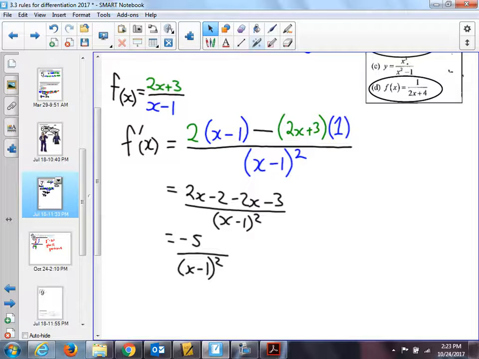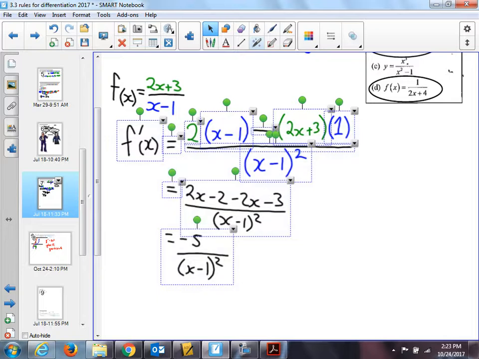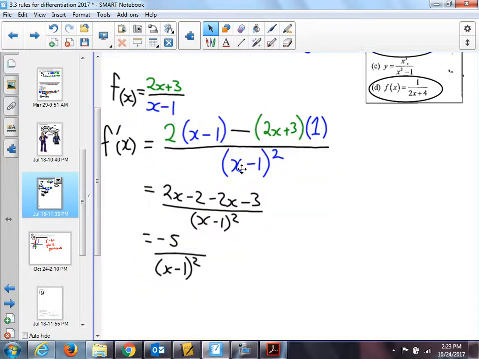Okay. Now the other one. 1 over 2x plus 4. I'm just moving this over so I've got some space over here.